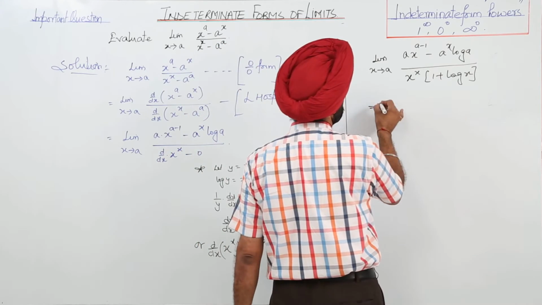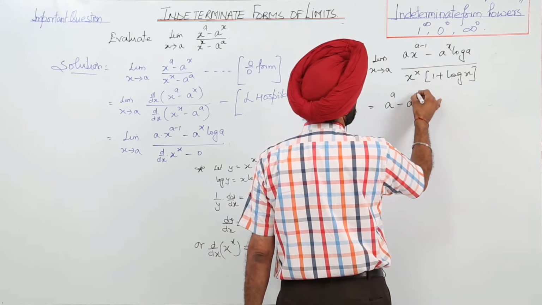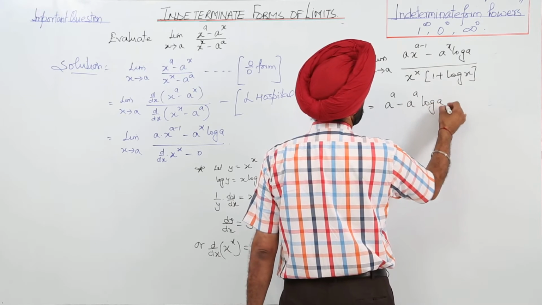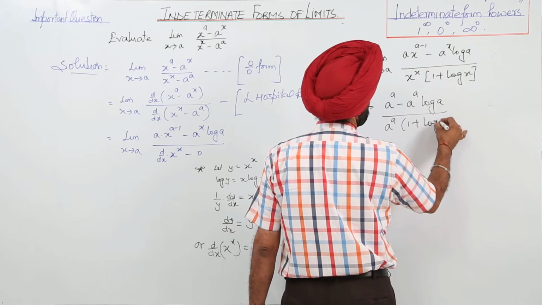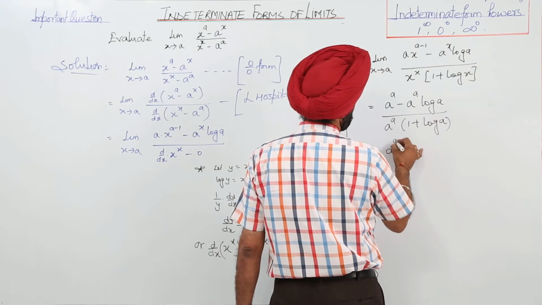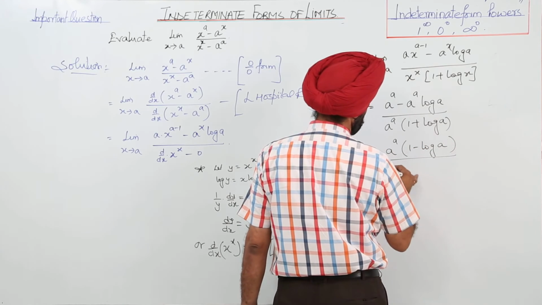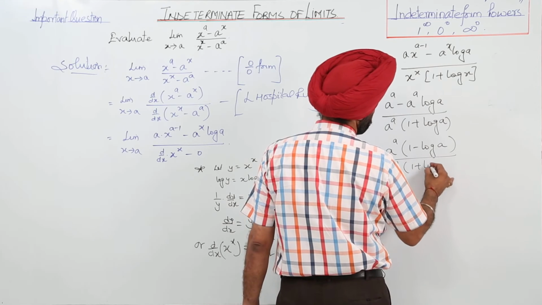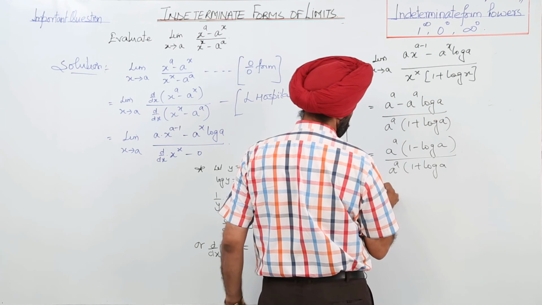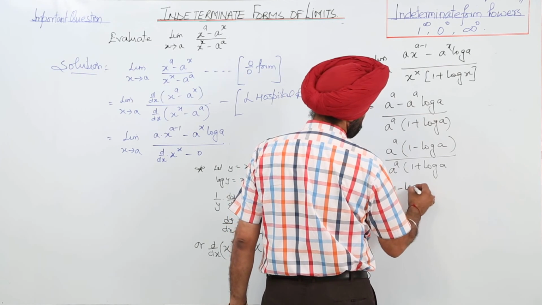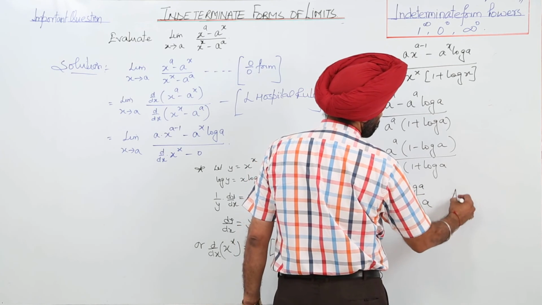Now substituting a, we are having a^a minus a^a log a upon a^a (1 plus log a), a^a (1 minus log a) upon a^a (1 plus log a), (1 minus log a) upon (1 plus log a), and this is the answer.